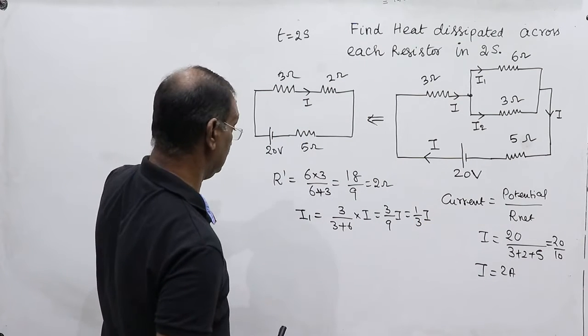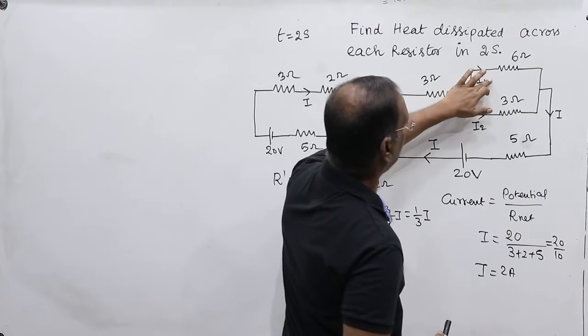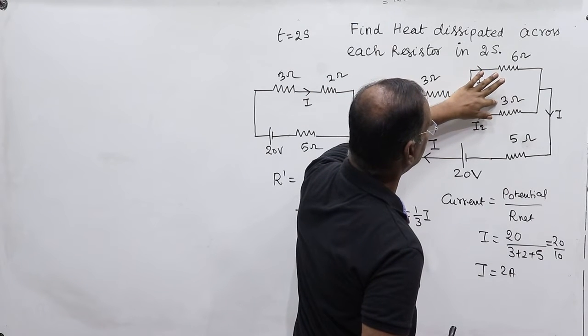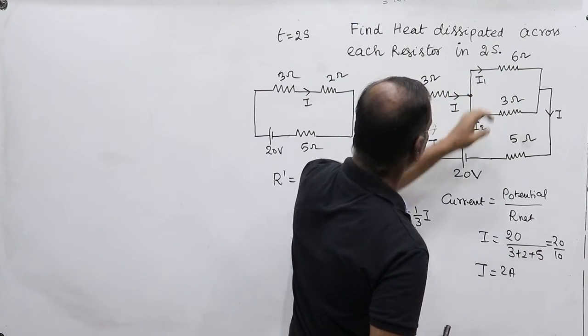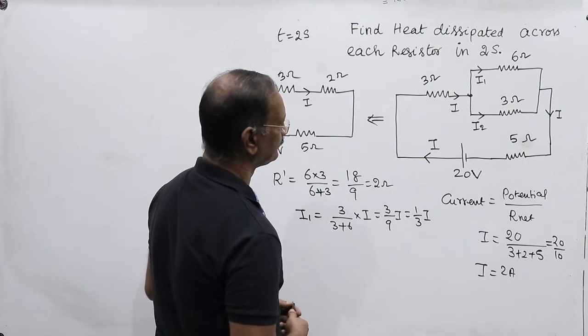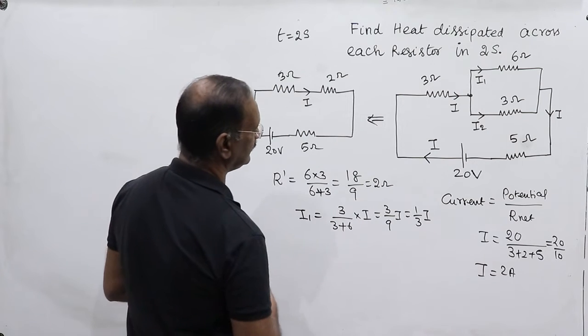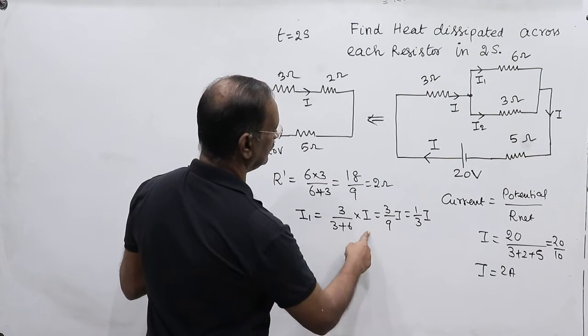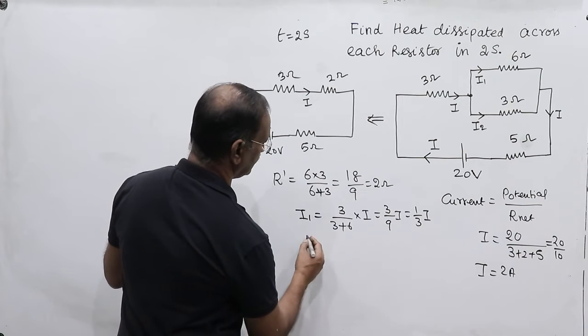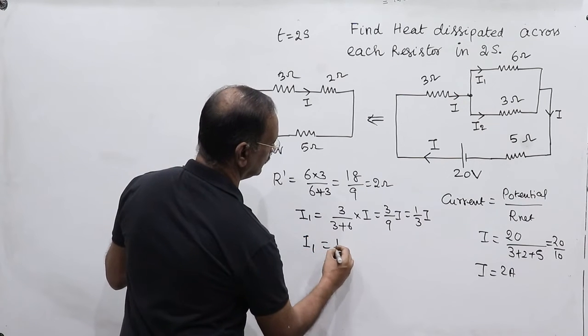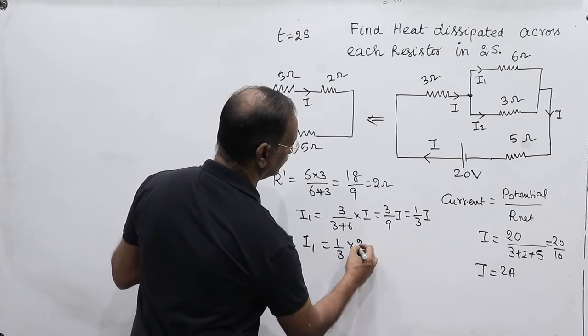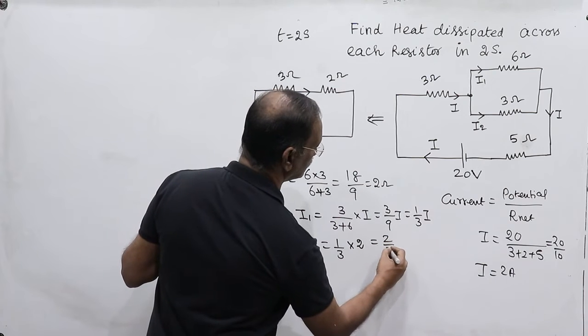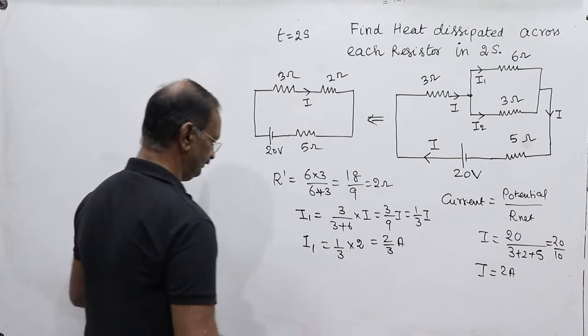I1 is equal to this divided by this plus this, that is 3 divided by 3 plus 6, into I, or 1 by 3 I. So I1 is equal to 1 by 3 into 2 ampere, is equal to 2 by 3 ampere.